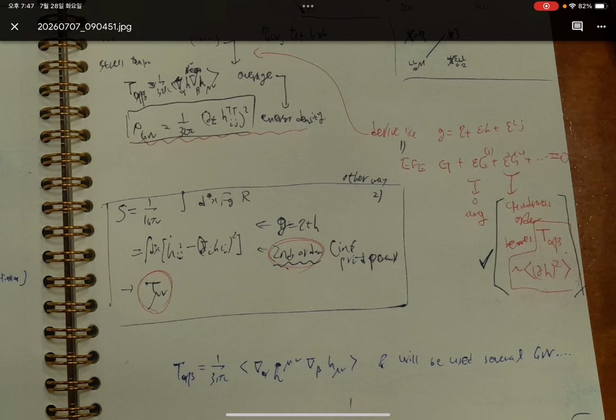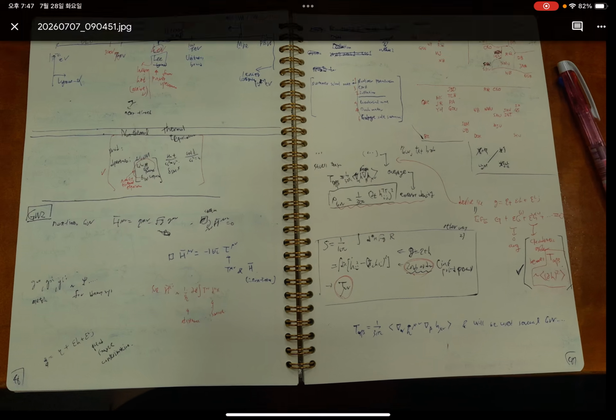And the second order of the metric now becomes important, because averaging of the first-order tensors just gives 0. So the quadratic orders can provide the energy-stress tensor. So the T alpha beta is given by the average of the partial h squared.